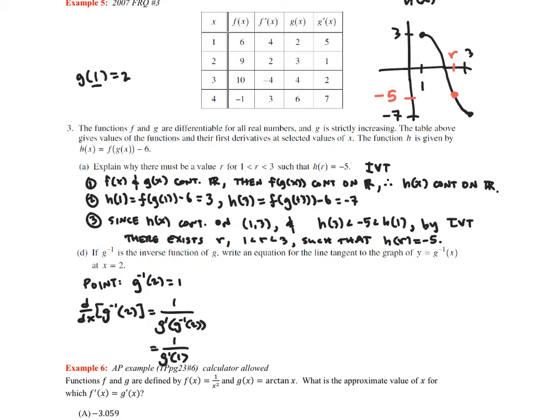Let's see what g prime of 1 is, it's 5. Therefore, our slope is equal to 1/5. So I can write the equation of the tangent line to the graph of g inverse at x equals 2. That's y minus 1 is equal to 1/5 times x minus 2. There you have it. Awesome.